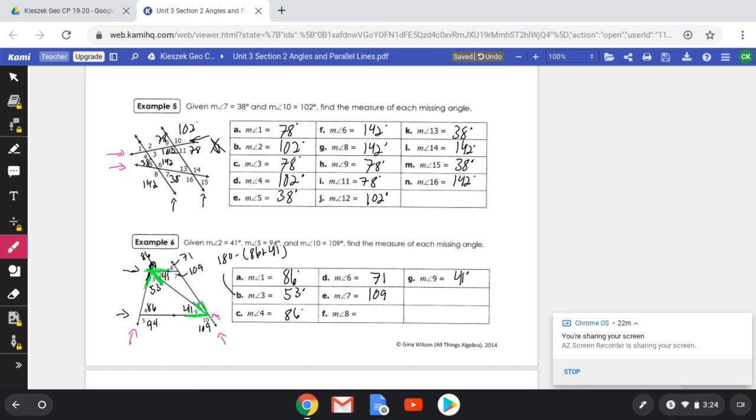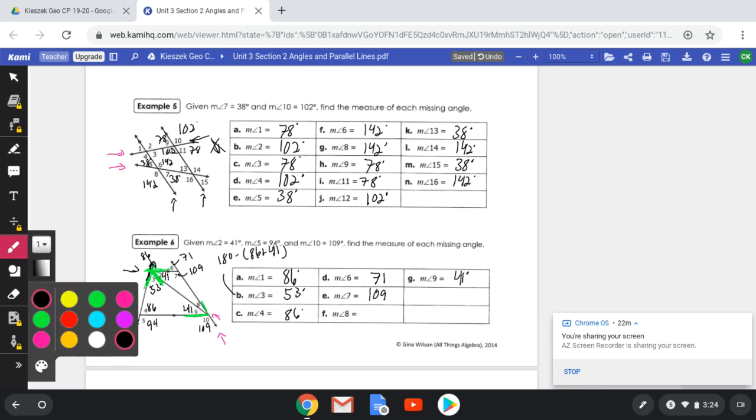But, again, using the lesson we're doing here, I can figure out what angle 8 is because I've got three angles here that form a straight line. So I can take 180 minus 109 plus 41, add it together, which is going to be 30. Let me just make sure. Yeah, it'll be 30.